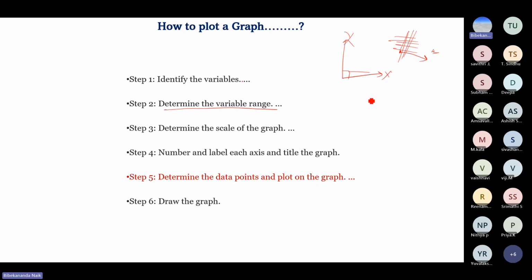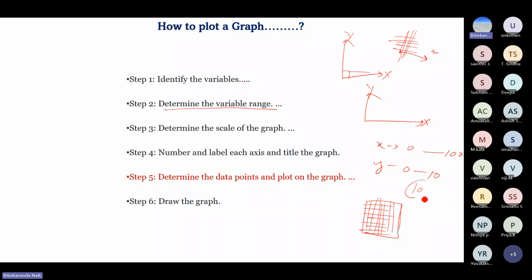Suppose we are taking x and y, but x is varying from 0 to 100, and y is varying from 0 to 10. In the graph paper, there are 10 divisions, suppose. Since the range of y is 0 to 10, y is varying 10, but x is varying to 100.